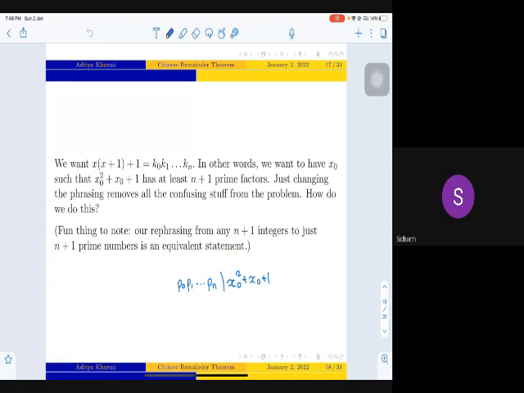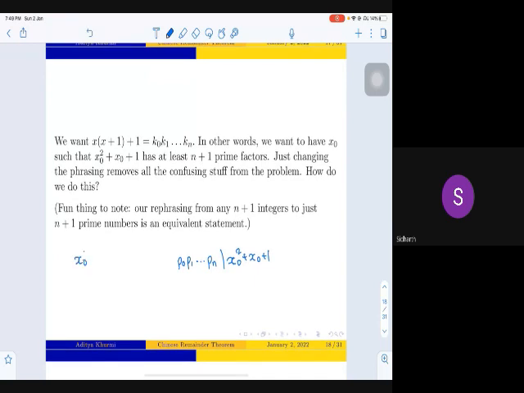So to do this, you want a solution to this system. It's congruent to 0 mod P naught, then congruent to 0 mod P1 till mod Pn.